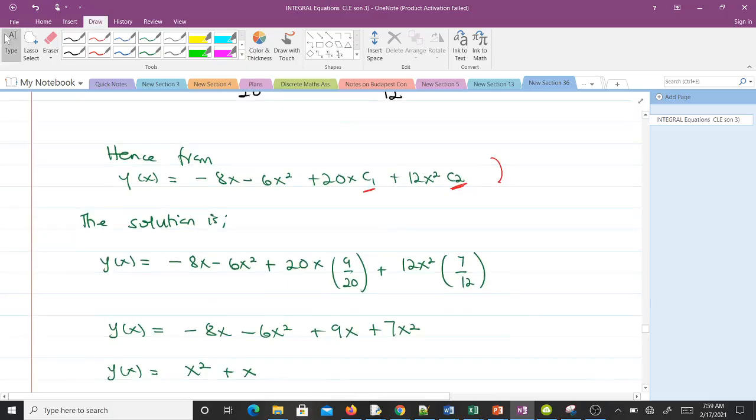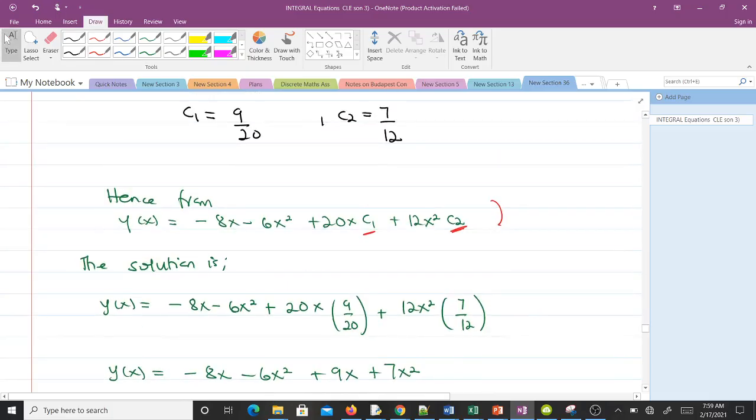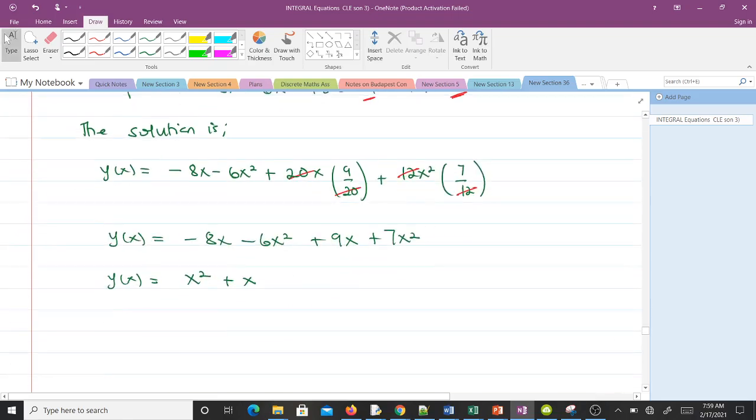So doing that will give us y of x equals negative 8x minus 6x squared plus 20x, then times c1, which is 9 over 20 plus 12x squared, c2 7 over 12. So this cancels, this cancels. Then now we end up with y of x equals negative 8x minus 6x squared plus 9x plus 7x squared.